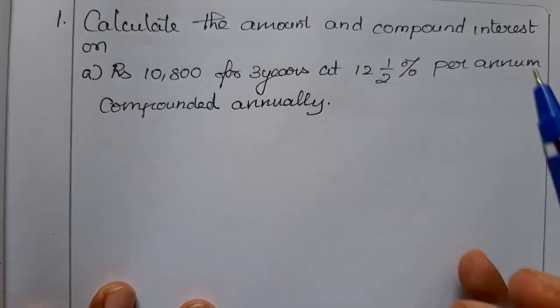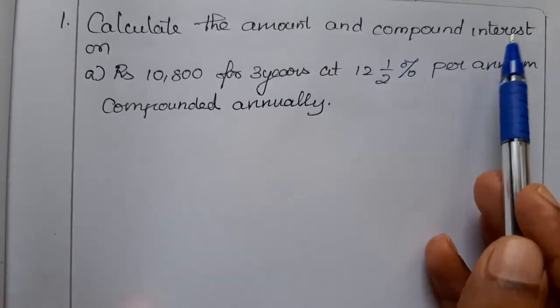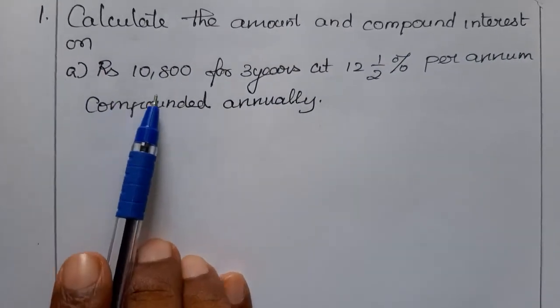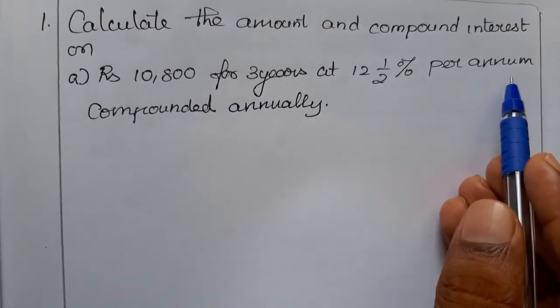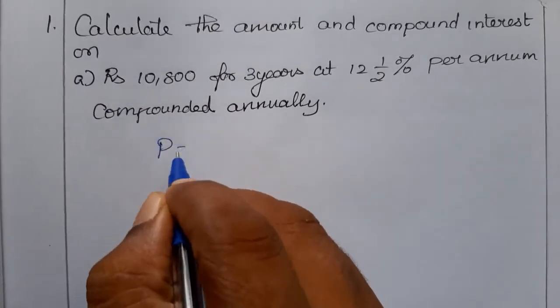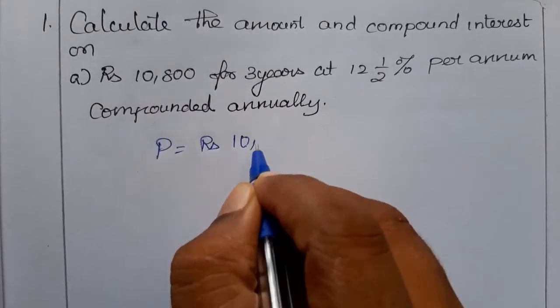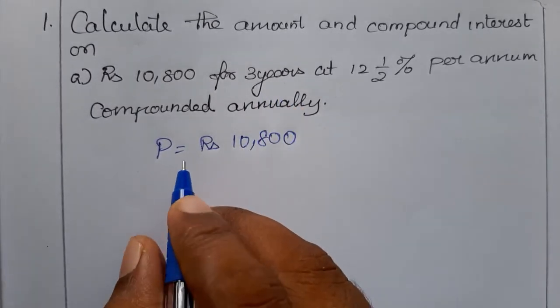So here we go for the problem. Calculate the amount and compound interest on rupees 10,800 for 3 years at 12 1/2% per annum compounded annually. The principal P is given as rupees 10,800, and 3 years is the time, which we represent as n.